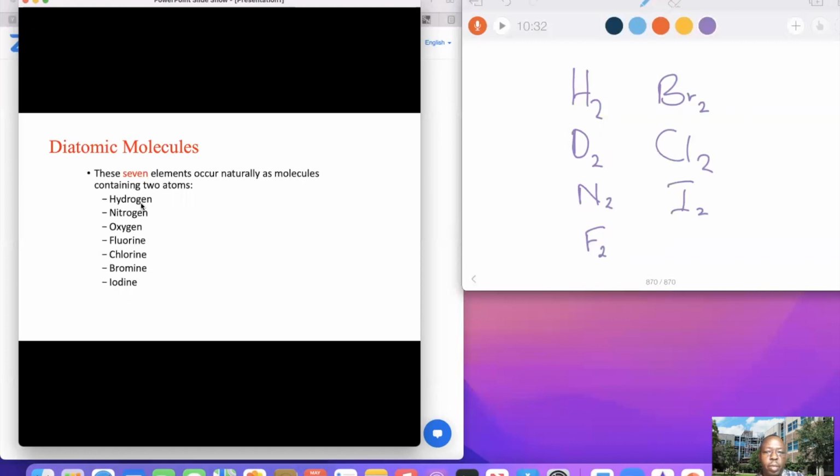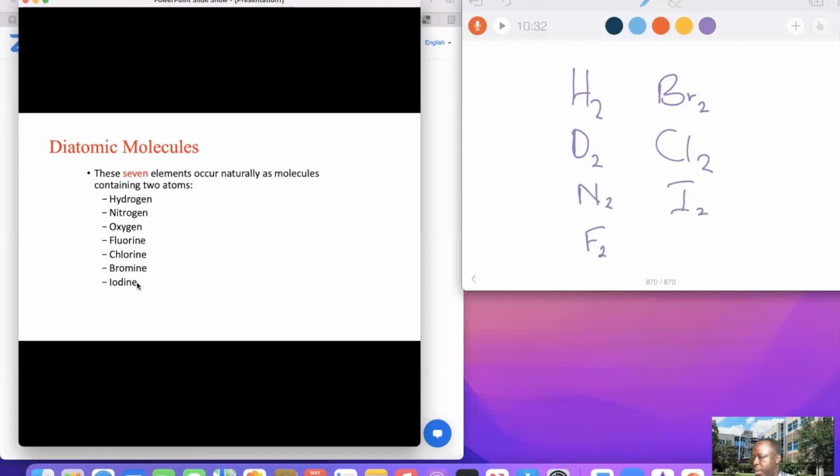These are hydrogen. So when you see hydrogen in nature, it is H2, diatomic. When you say di, it means two. Nitrogen, N2. Look at how you write oxygen, O2, fluorine, F2, chlorine, Cl2, bromine, Br2.